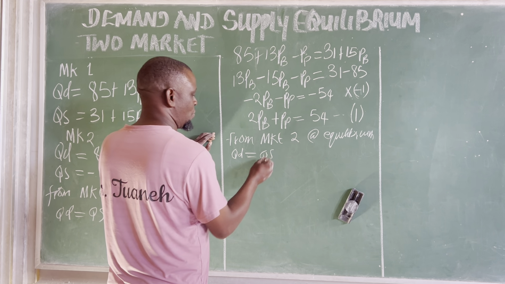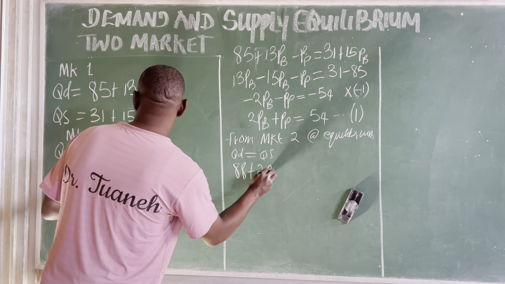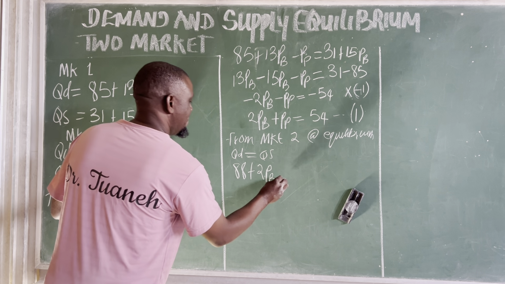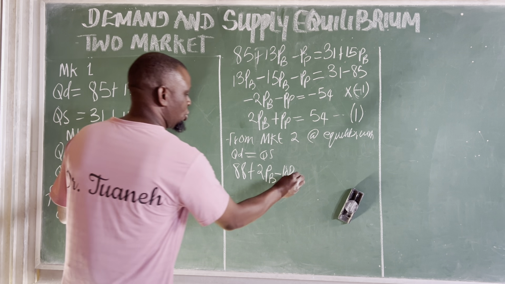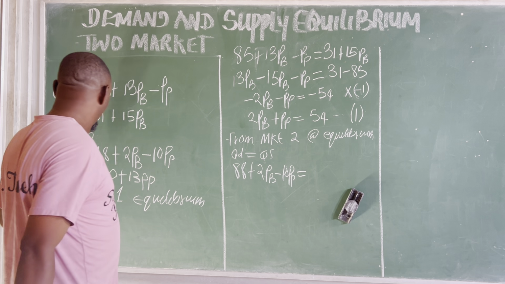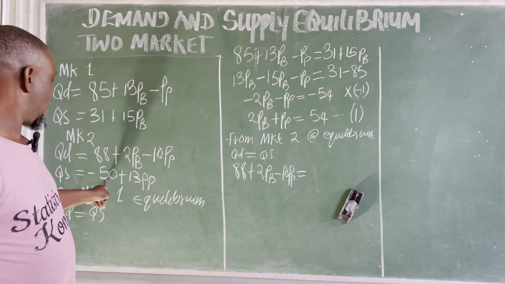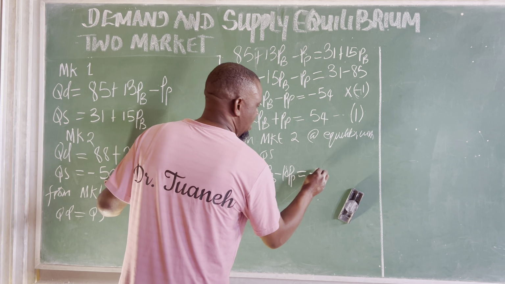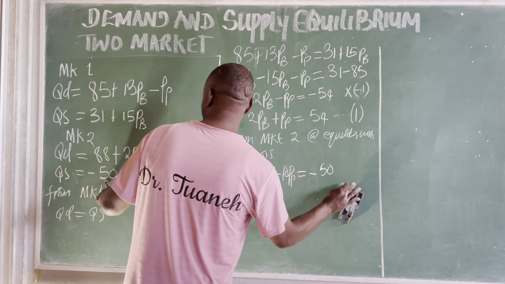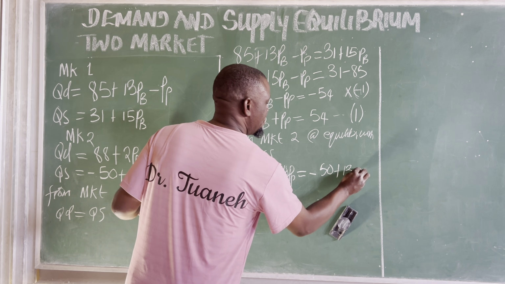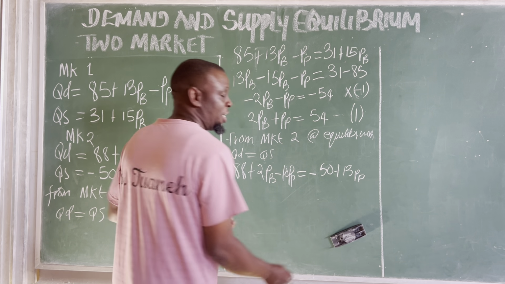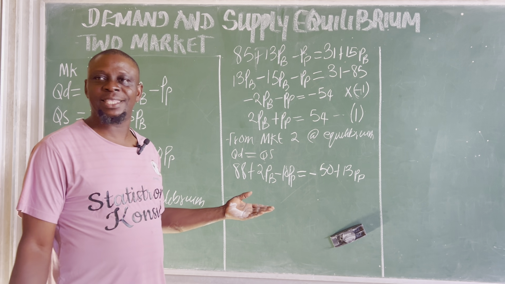We have 88 plus 2 PB minus 10 PP, and that is equal to QS. What is QS in the second market? We have minus 50 plus 13 PP.